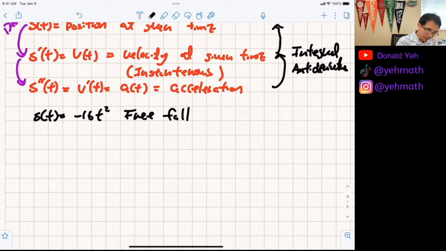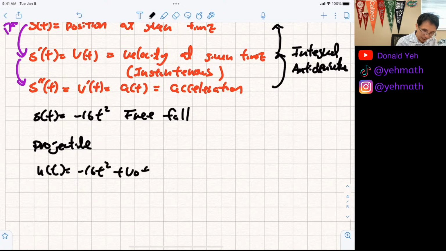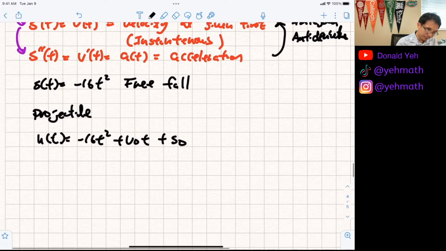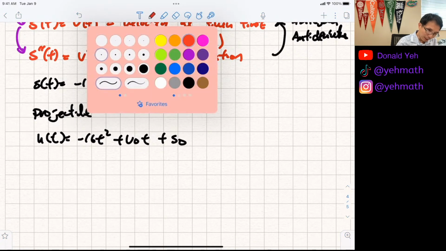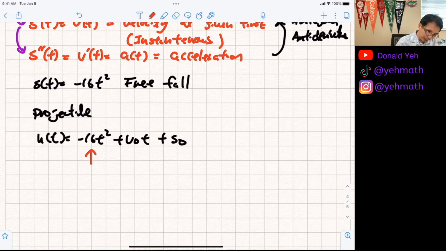As far as projectile goes, h of t is equal to negative 16t squared plus v0t plus s0. This is the one that we end up with. The negative 16t squared is due to gravity. And v0 times time is basically the displacement due to initial velocity.